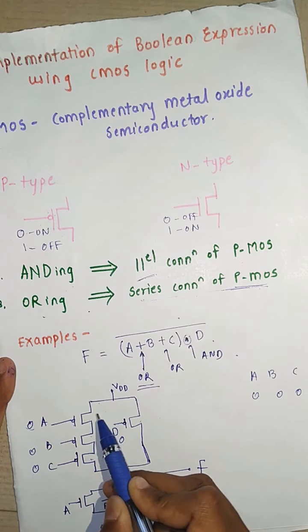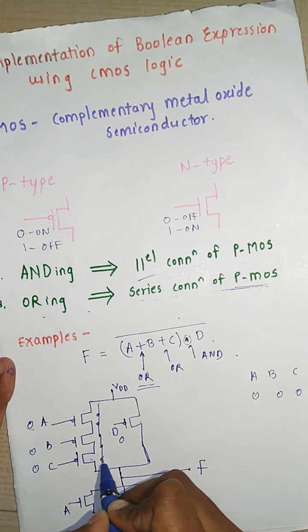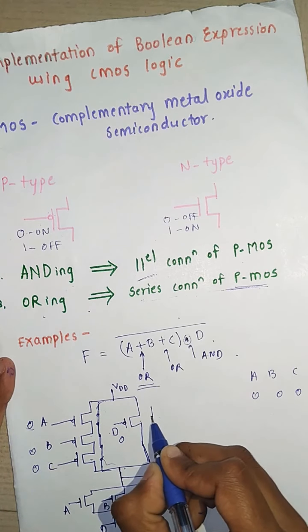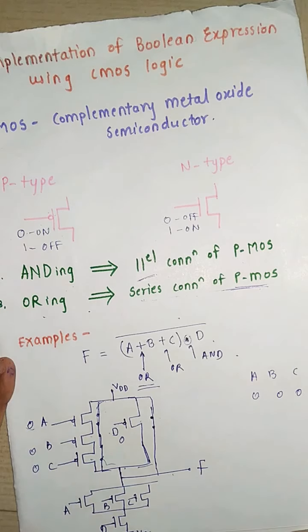So there is a closed switch, so we'll get a closed path here, and also here is a closed path. Okay, and let us check for the NMOS transistor.